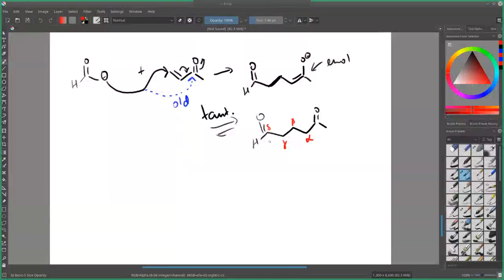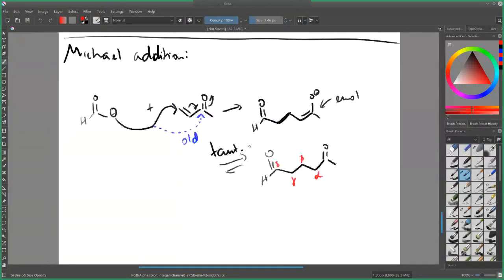The other way to say this is that instead of a 1-2 addition, you have a 1-4 addition. Okay? So you're adding onto this carbon down at the end here, and you're pushing your electrons up the chain.